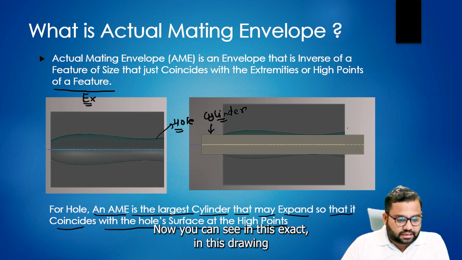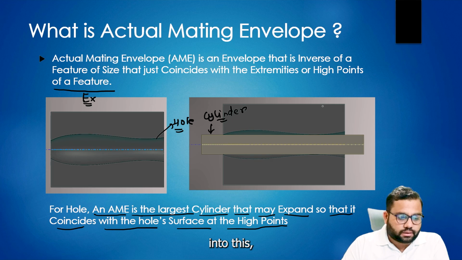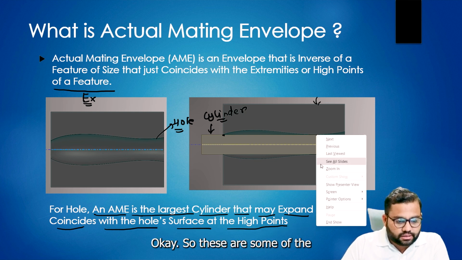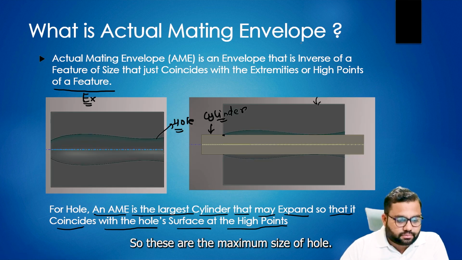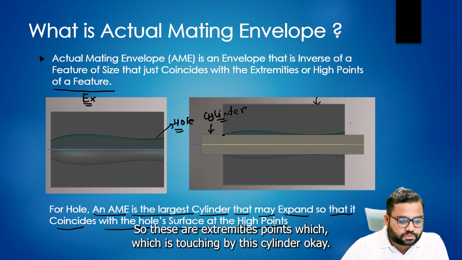Now you can see in this drawing that the shaft or the cylinder has entered into this part, into the hole. It is touching the maximum points of the hole. These are the extremities points which are touched by this cylinder.